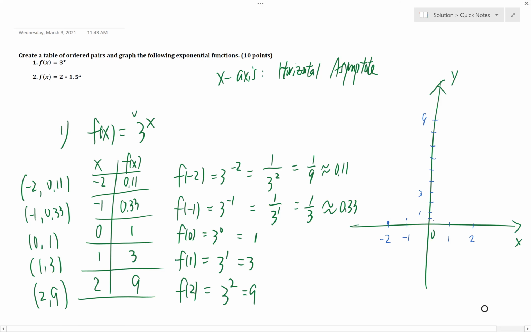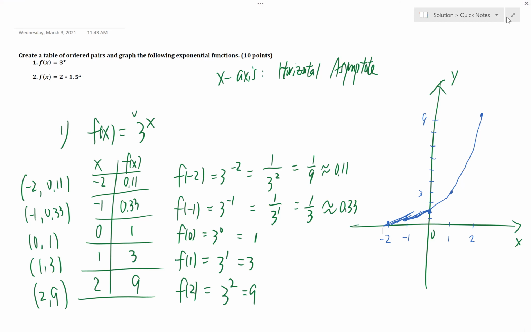And then we have 0, 1. That's the next ordered pair, then 1, 3, and 2, 9. And you connect those 5 ordered pairs and extend it. That's an important task, extending in both directions without boundary.